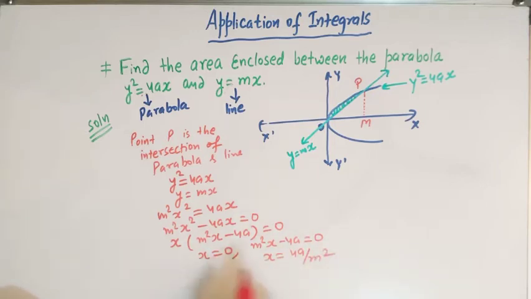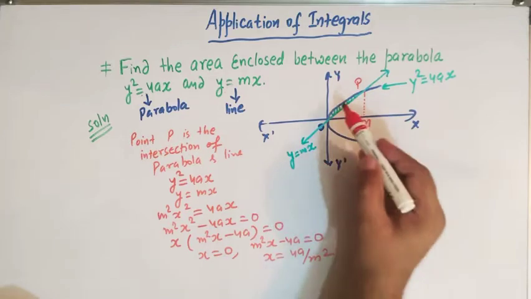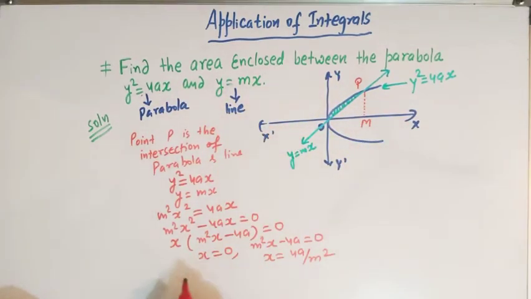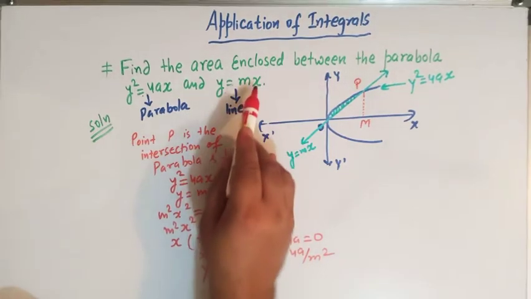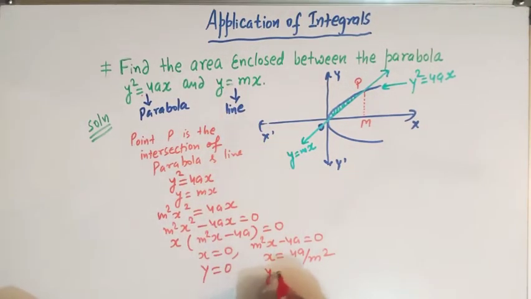So the point of intersection of these two curves: if we take x equal to 0 here or here, we get y is equal to 0, and if we substitute x equal to 4a by m square here, we get the value of y as 4a divided by m, right?